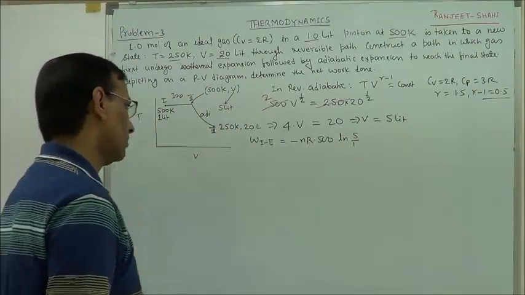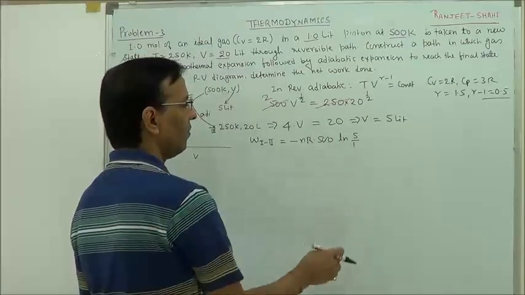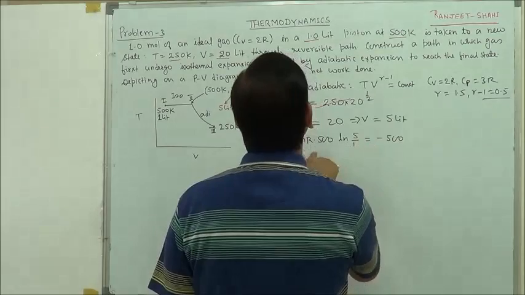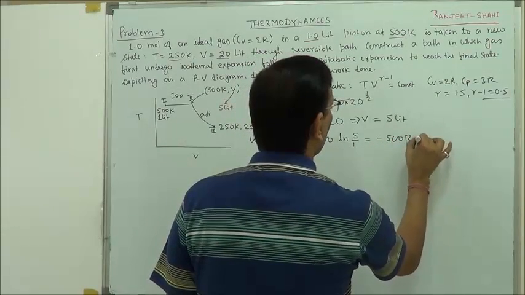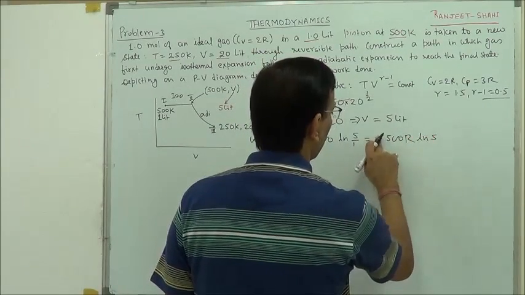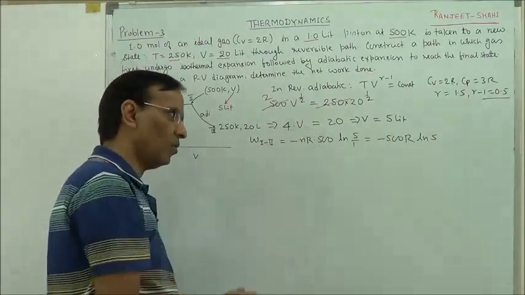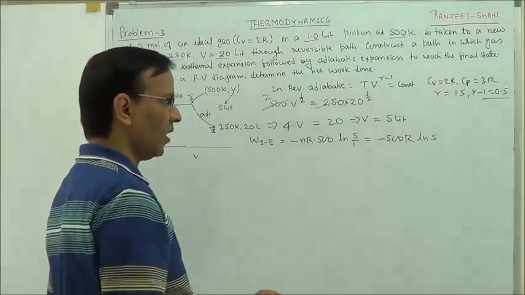N is 1, so it is minus 500 R ln 5. ln5 is known to us. Ln5 can be written as 2.3 log 5.